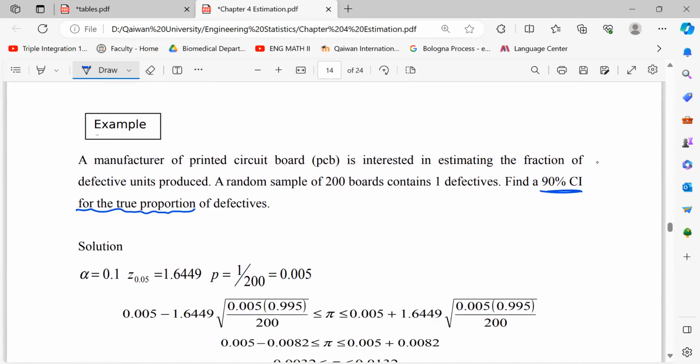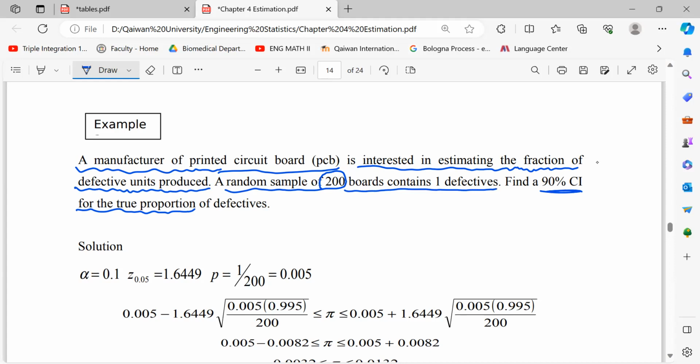Let's read the given example. It says a manufacturer of printed circuit boards, PCB, is interested in estimating the fraction of defective units produced. A random sample of 200 boards contains one defective. In 200, there is only one defective one. So from these two numbers, 200 and 1, we could get the proportion.